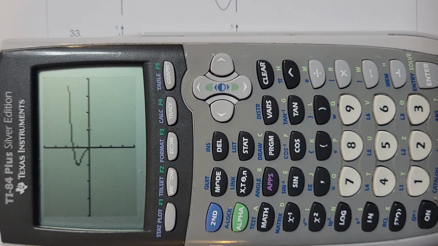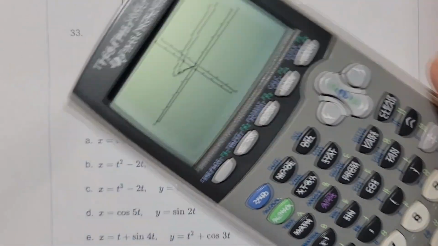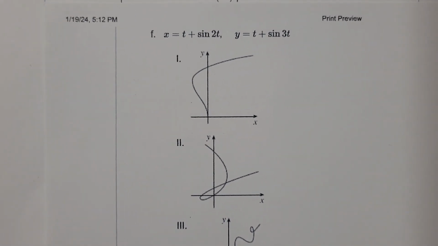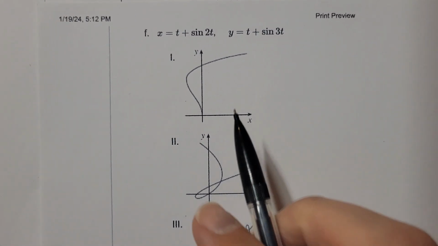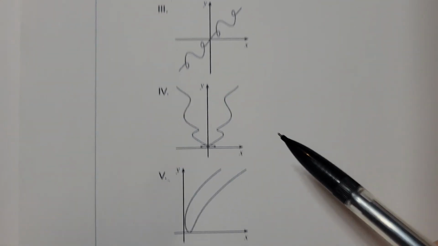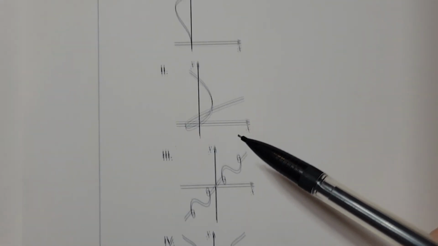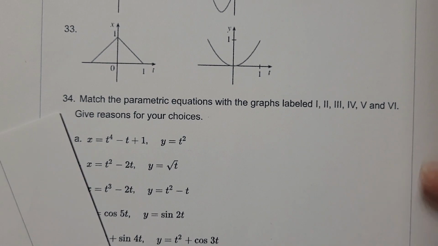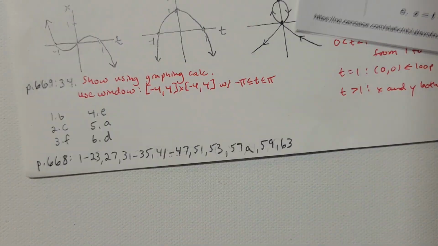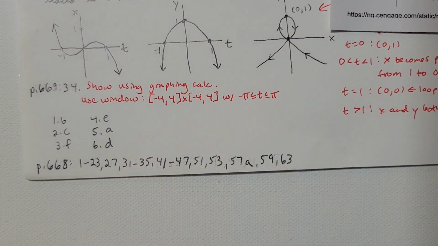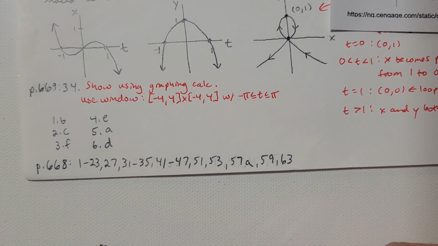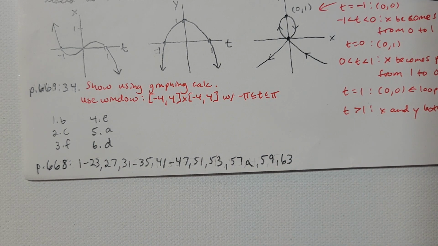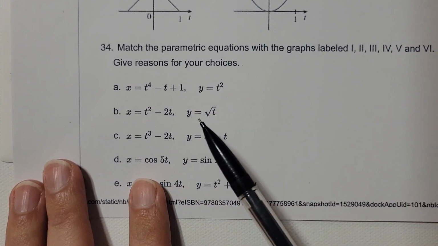Okay, and then the graph. So which curve has that? It looks like graph 1. And just to check that none of the others look kind of like that. So my answer for that one is going to be 1 goes with B, the information there in B.